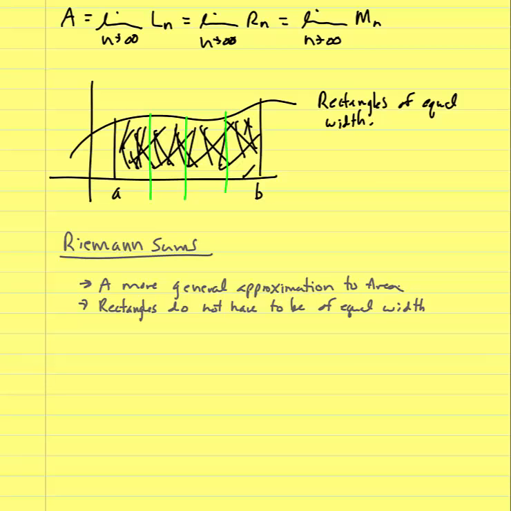And then also, the height of the rectangles can be any value of f of x in the subinterval. They can not just be left, middle, or right. I can choose any value.